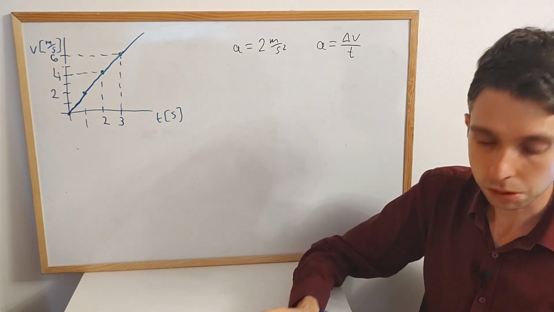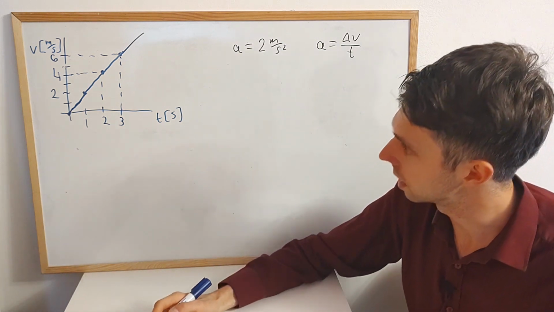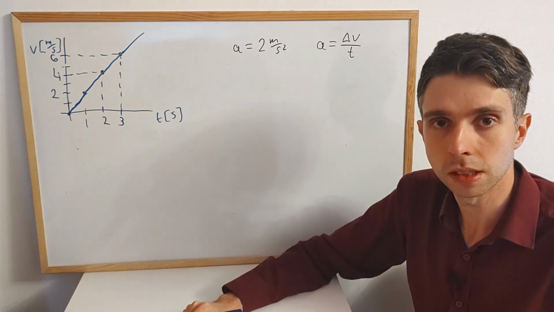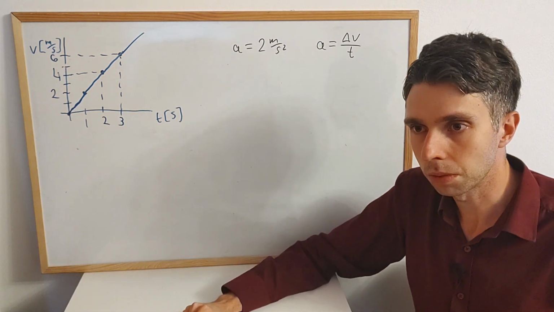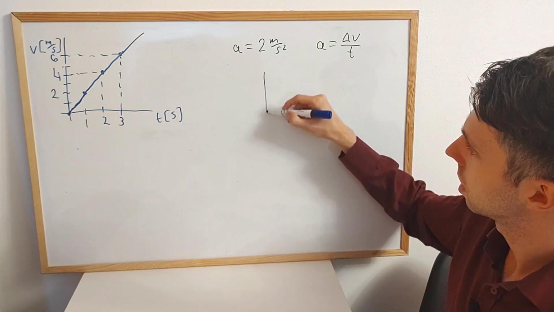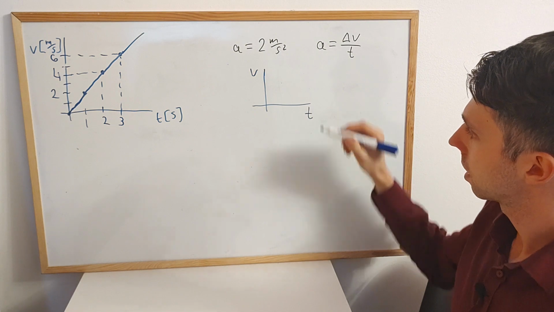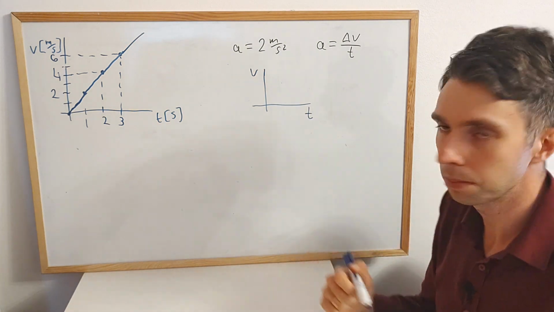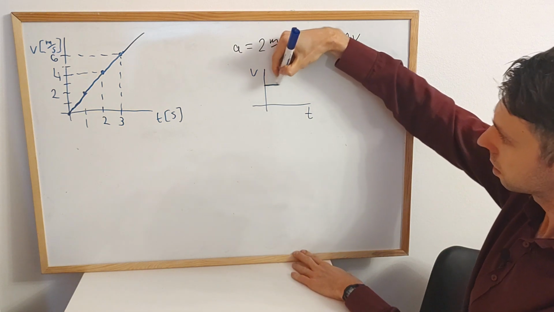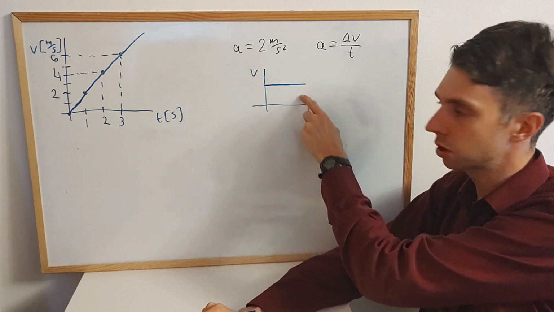And now, how to calculate the distance in uniformly accelerated motion. Okay, I remind you that when we discussed the uniform motion, so motion with constant speed, we also were drawing the graph. In that case, speed versus time was even simpler, because speed was constant, so speed didn't change.